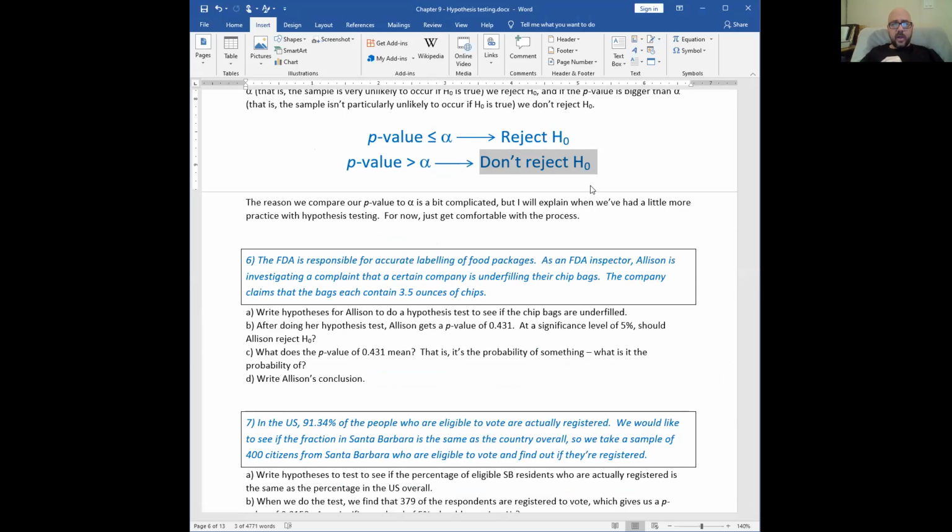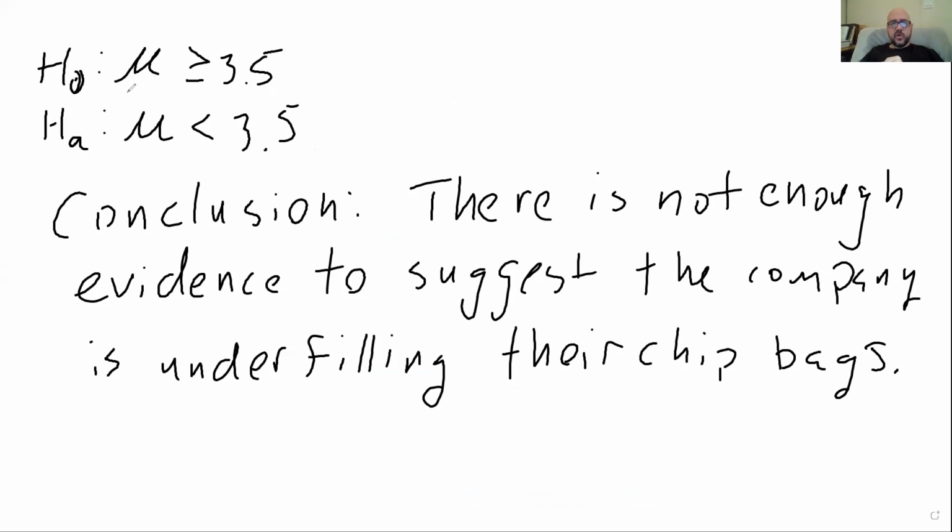And so you look at it and you say, okay, the actual mean is at least 3.5 ounces, right? And if you get halfway to what you believe by saying the mean is at least 3.5 ounces, that really gives you a good head start on writing a good conclusion, right? Well, if the mean's 3.5 ounces, then the chip company's not underfilling their bags, right? So now we don't want to say that the chip company is definitively not underfilling their bags.